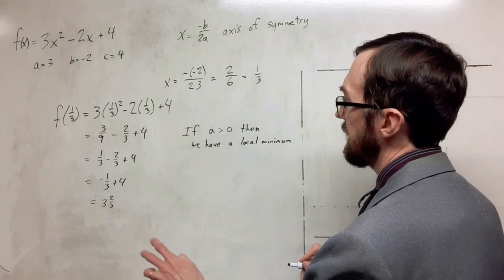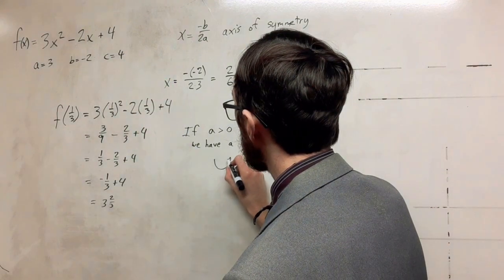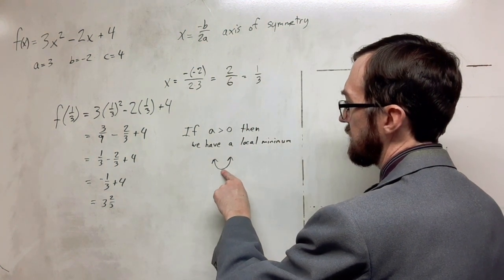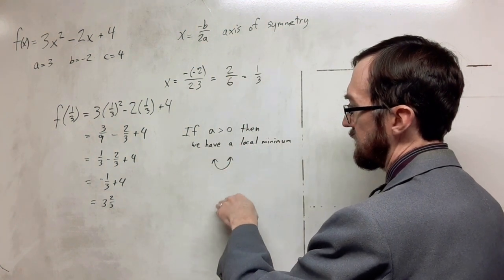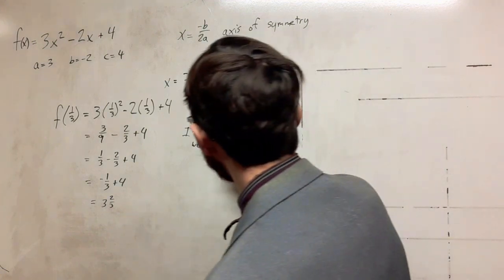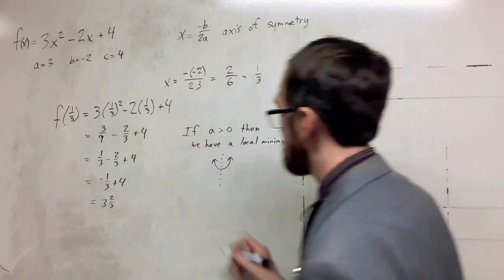The reason is that when the a value is positive, we get a parabola that opens up, meaning that the y value here is the lowest y value that's going to be in the range. The axis of symmetry will run right down through the center of this.